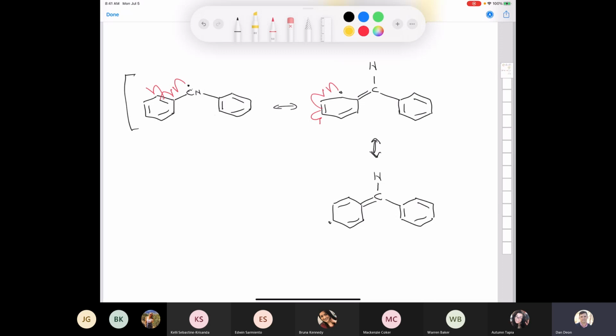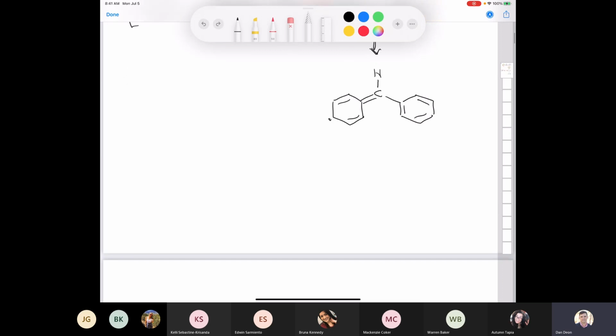But remember, this is a resonance contributor. So you could take that radical, let me just copy and paste it, right? And you could paste it here. Since this is a contributor, you can just draw the resonance structure in the other ring. There's no harm in doing that, right?